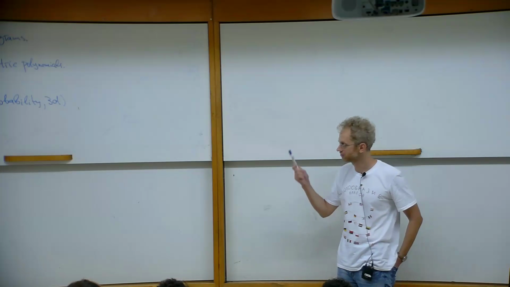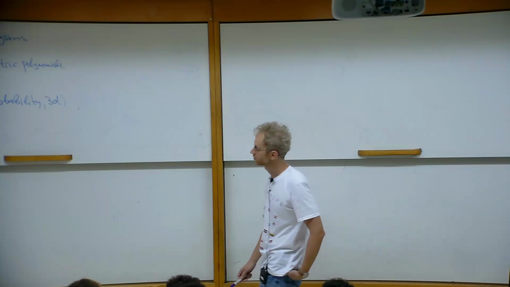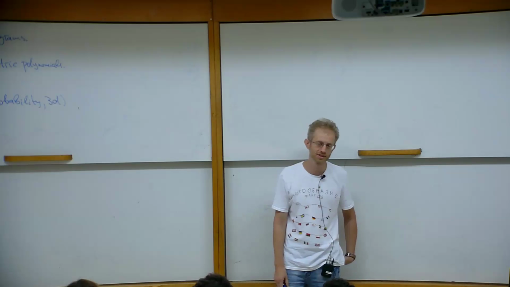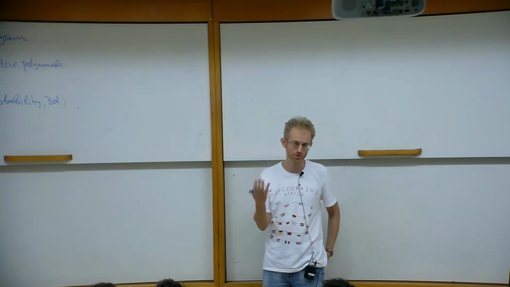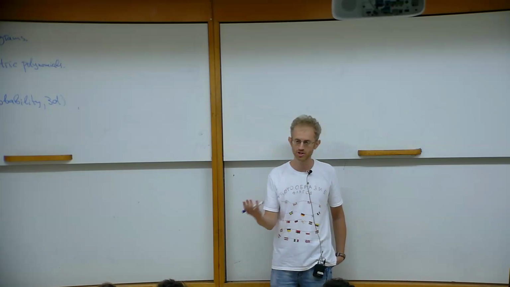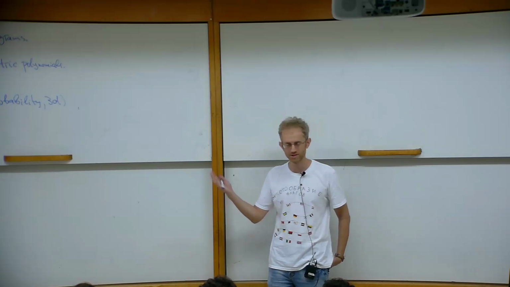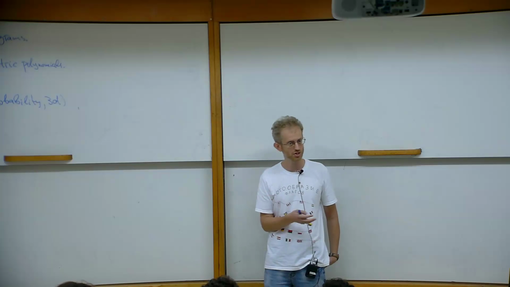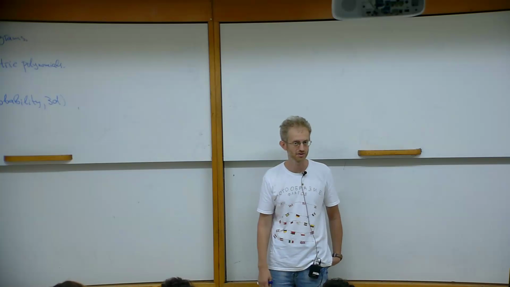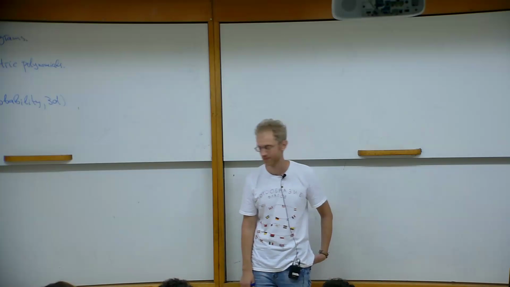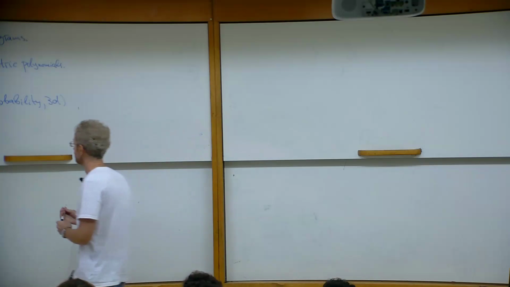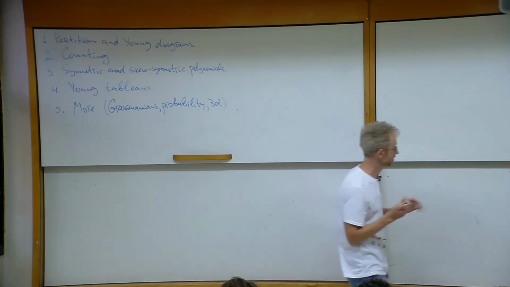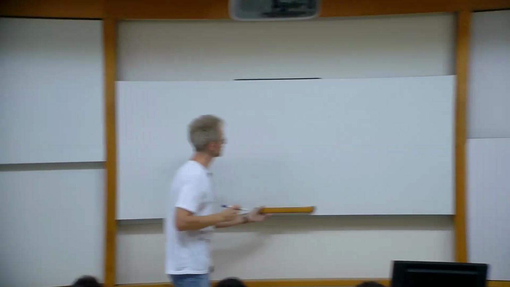Actually, the overall idea is that Young diagrams show up in many places, many different instances, and I'll try just to demonstrate what are the situations where they show up and why they're nice and so on. And one more thing before I start, if you have a question, just don't hesitate to ask right away. Okay, so let me start from the very beginning with a very simple thing.